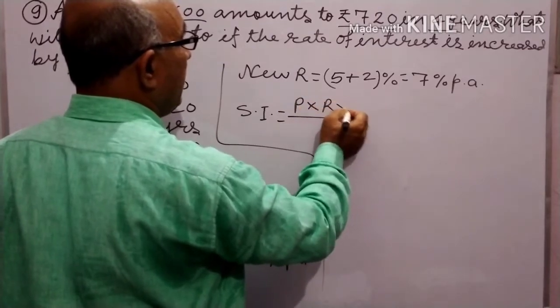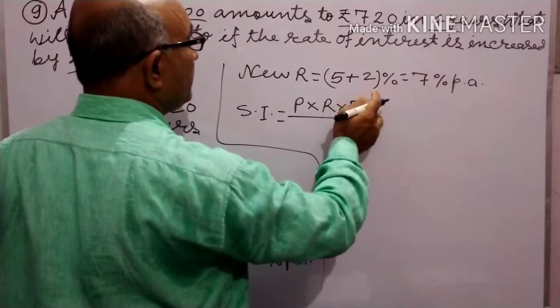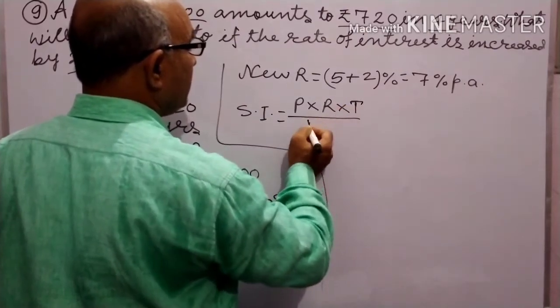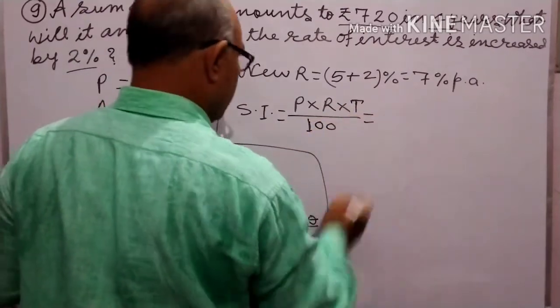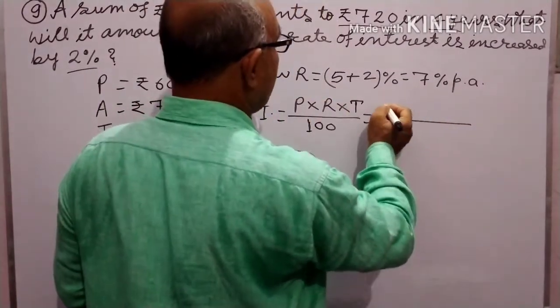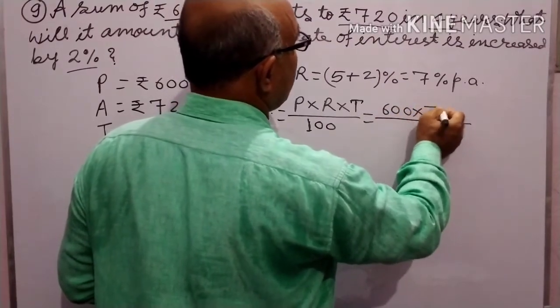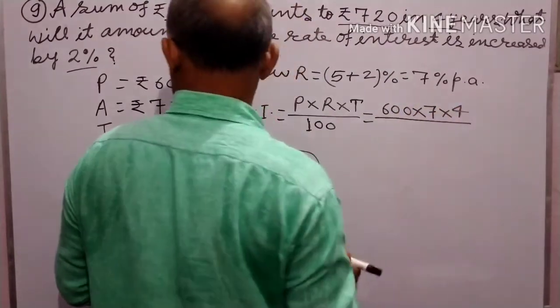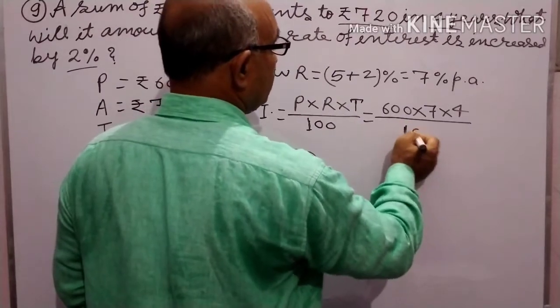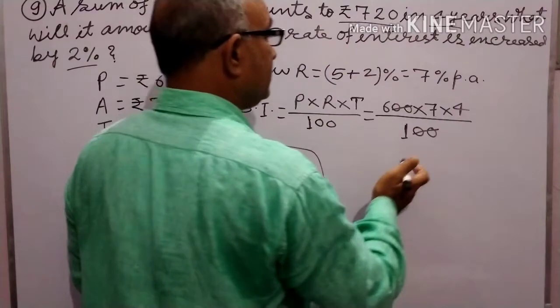Now find SI equal to P into R into T by 100 equal to P is rupees 600, R 7%, T 4 years by 100. 00 to 00 cancel.